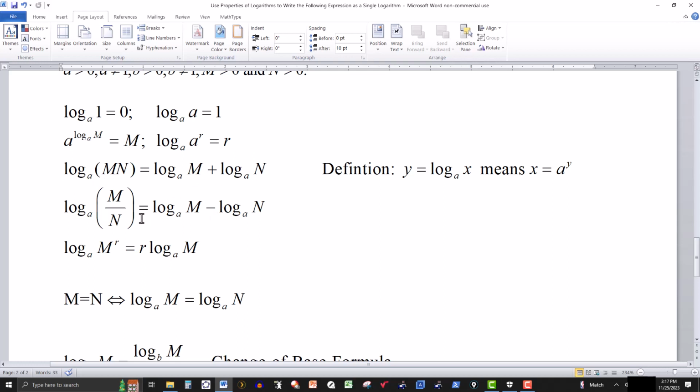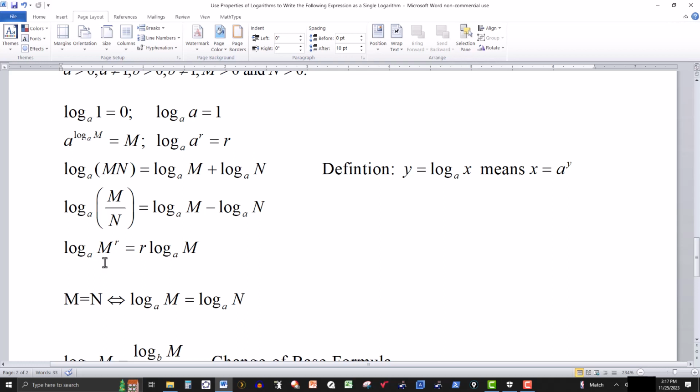Same thing with the next one. We have the log of a fraction. You can write it as a difference of the log of the numerator minus the log of the denominator to the respective base. And back the other way. If you have a difference, you can write it as the log of the fraction, in this case m over n.